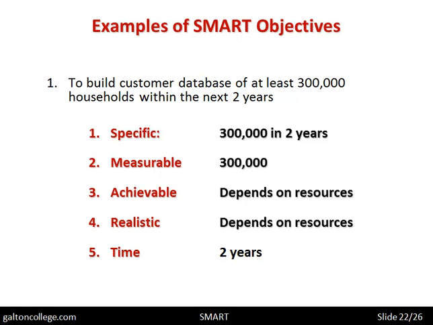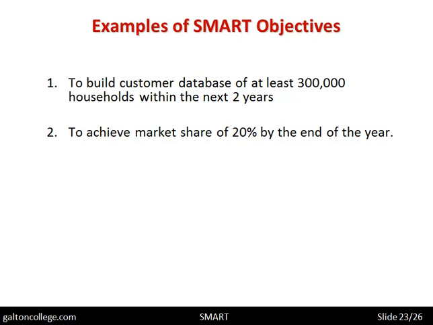So now we can see the extent to which this objective, building a database of at least 300,000 households in 2 years, we can see it in terms of the SMART objectives. And you can see it certainly meets 3 out of the 5. Items 3 and 4, well, there depends on the resources.